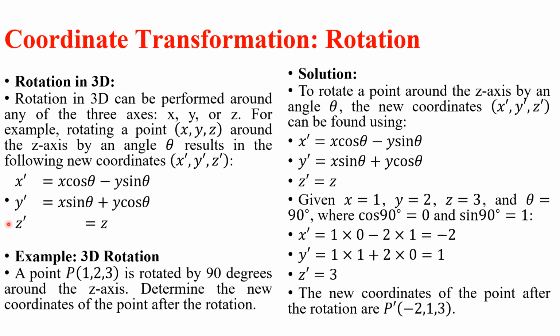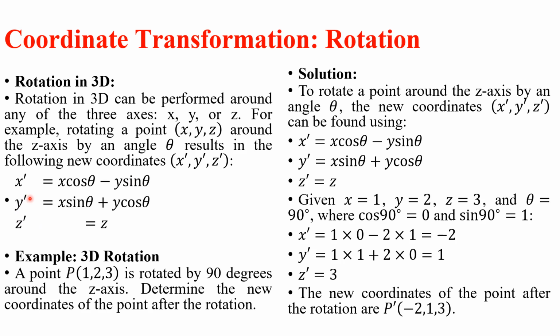So the new points, as a general rule, particularly if the rotation is done along the z-axis, the new coordinates will form x prime being equal to x cos theta minus y cos theta.